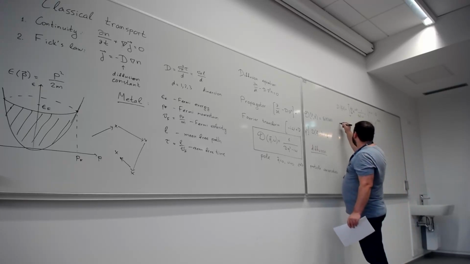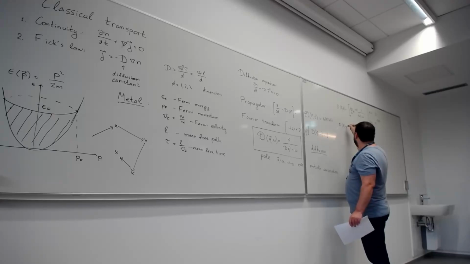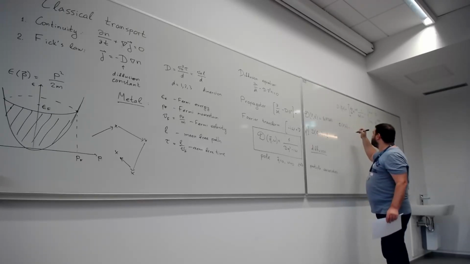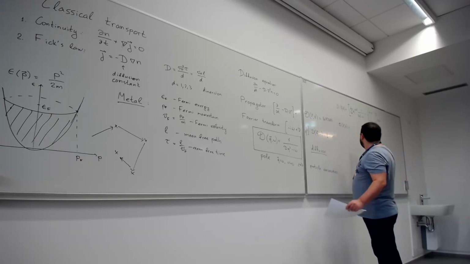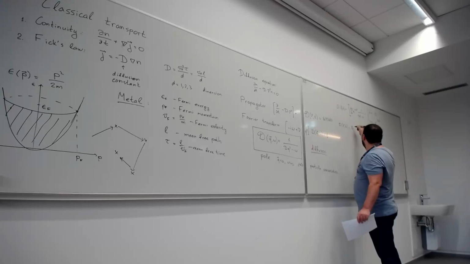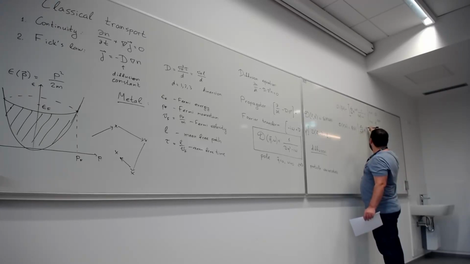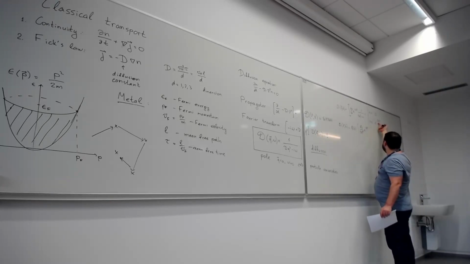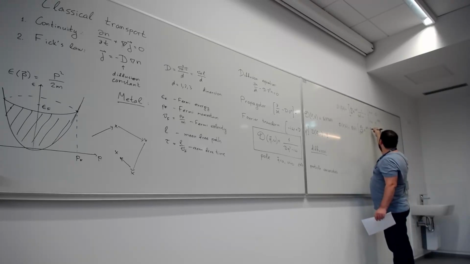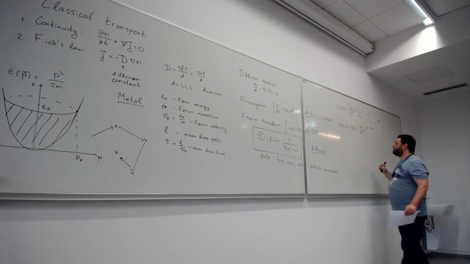So we can do another Fourier transform and see what this object looks like in R and T representation. This is now a Fourier transform, a d-dimensional integral over momentum, d^d q over 2 pi to the power d, exponent of i q r, and this exponent that we found here, minus Dq squared t.